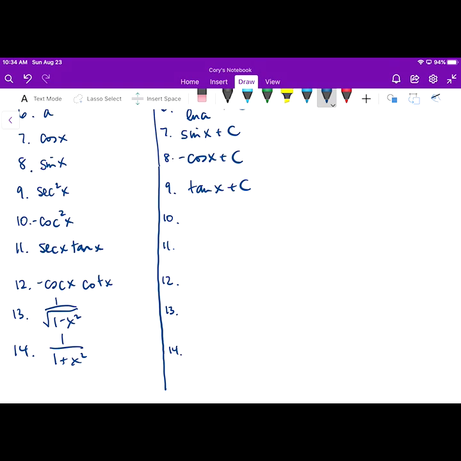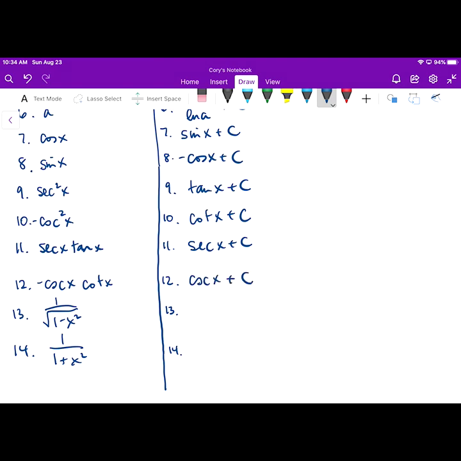We do the same thing for number 10. The derivative of what function is negative cosecant squared? That's the cotangent of x plus c. So that's our antiderivative for number 10. The antiderivative for number 11 is the secant of x plus c. The antiderivative for 12 is the cosecant of x plus c.